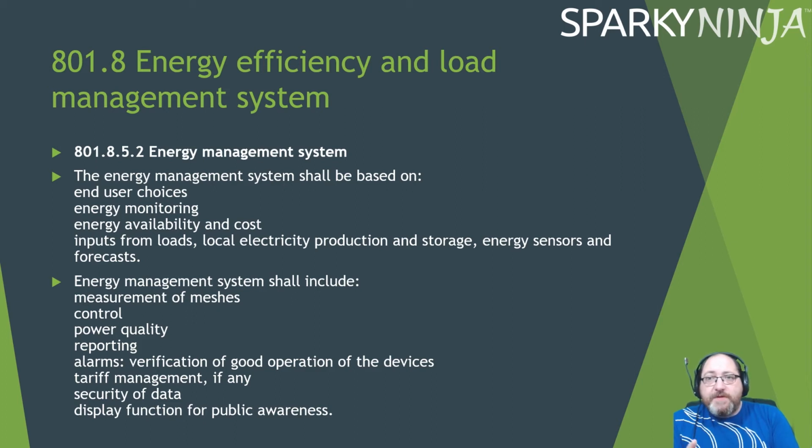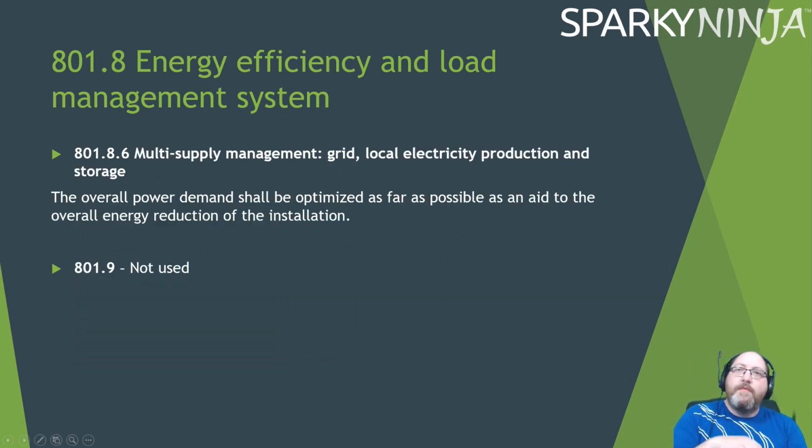The energy management system shall include measurement of meshes, control, power quality, reporting, alarms, verification of good operation of the devices, tariff management, if any, security of data, display function for public awareness. Multi-supply management, grid, local electricity production and storage. The overall power demand shall be optimized as far as possible as an aid to the overall energy reduction of the installation. Okay.